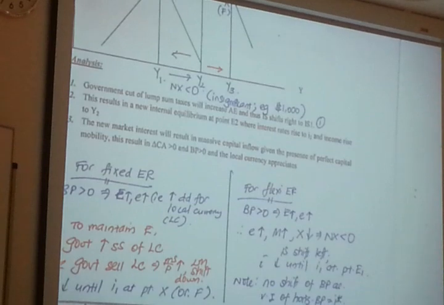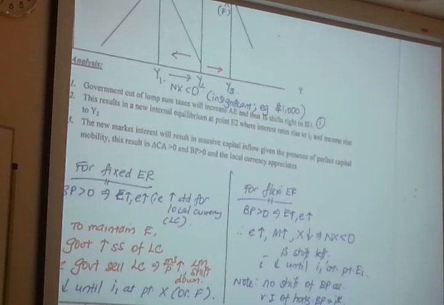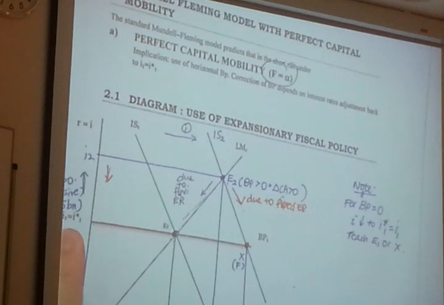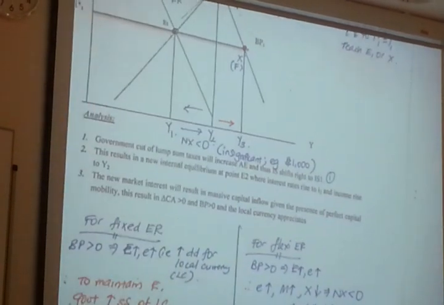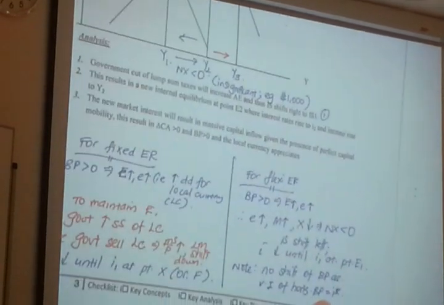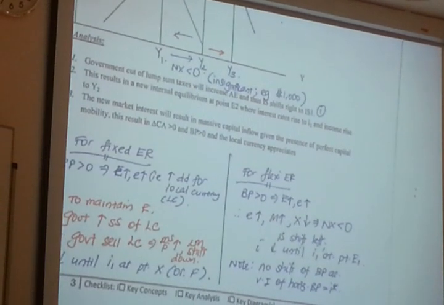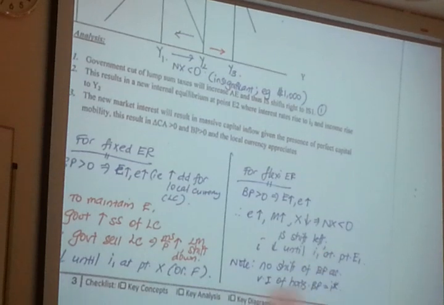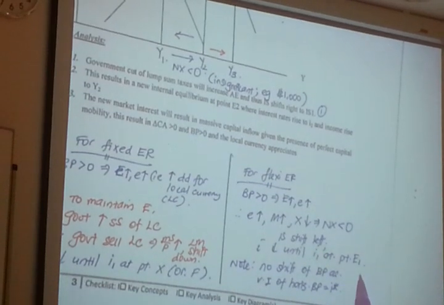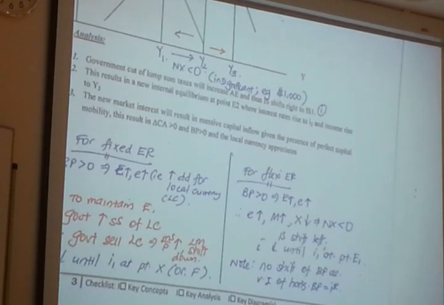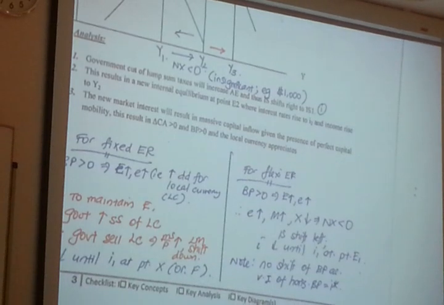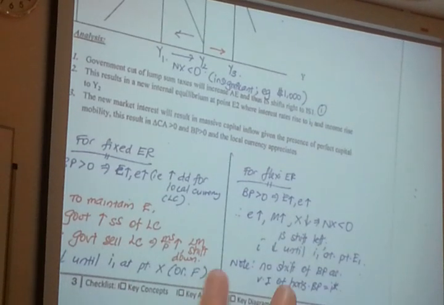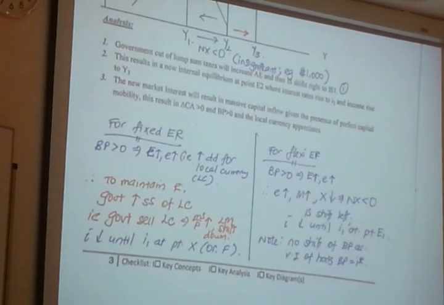You don't shift the BP at all. Throughout the analysis, I star, foreign interest rates, didn't change. So you don't need to shift the BP, only shift the IS to the left to reach E1, and the economy settles back at Y1. This is a standard 7-mark answer.